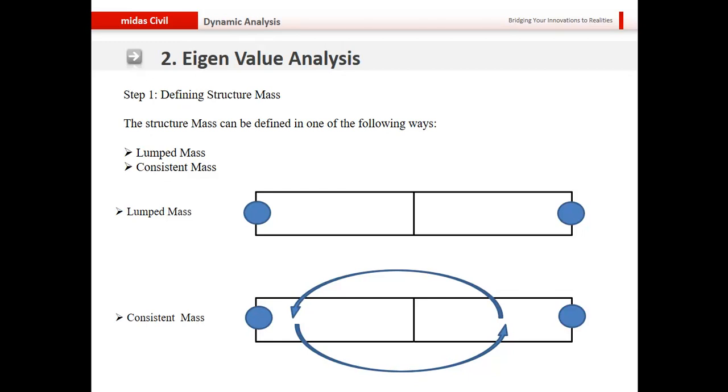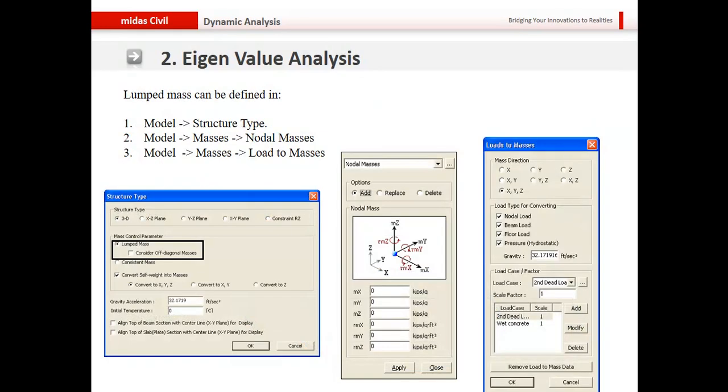In Midas Civil, the mass can be defined in the following ways. We have the lumped mass and the consistent mass. Lumped mass, as you see, you have it lumped at the nodes, and the consistent mass, you have it all over the structure.